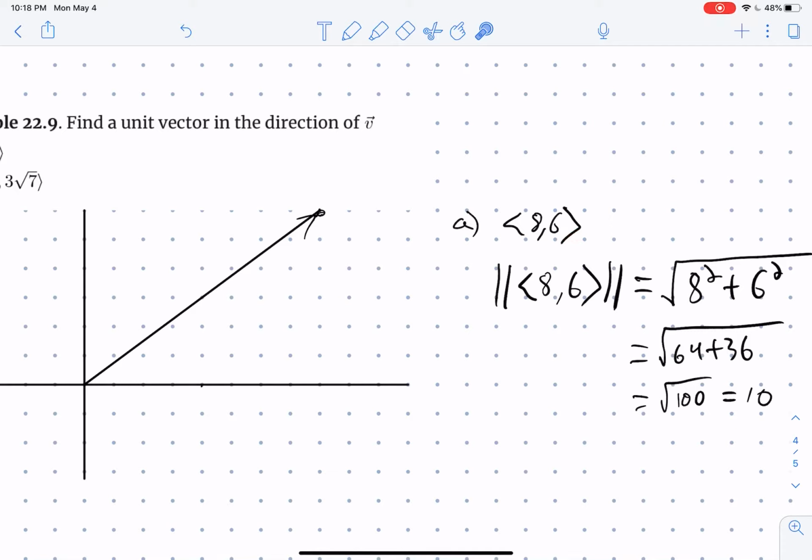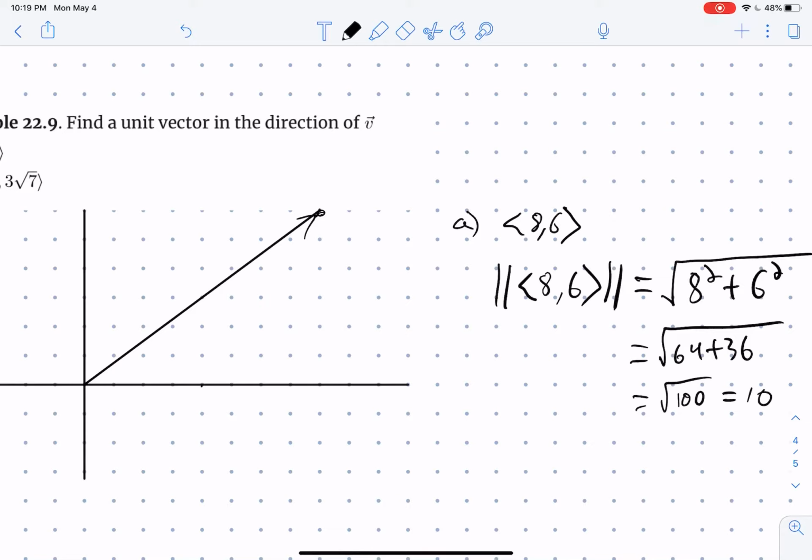To be a unit vector, we would like to have the same direction, but shrink it down so it's only of length 1. Here's how we do it. We use the observation from before: when you do scalar multiplication of a vector by a positive number, you don't change the angle of the vector, but you do scale it. You scale it to make it bigger if the number's bigger than 1, and smaller if the number's less than 1.